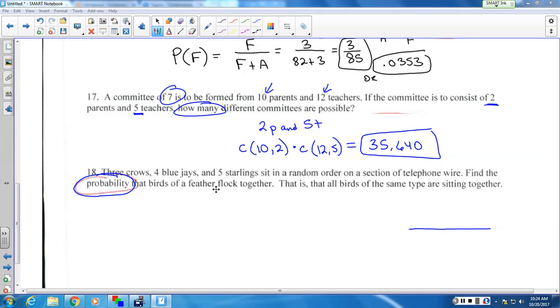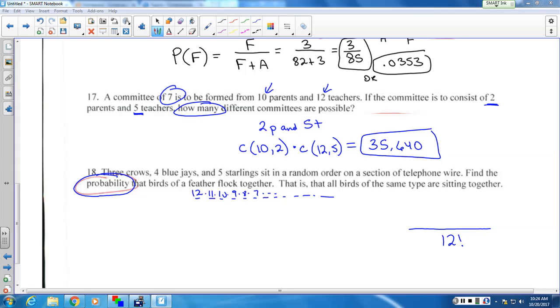How many birds could go on the left? I have 12 different birds could sit on the left. Then 11, then 10, then 9, then 8, then 7, all the way down. So there's 12 factorial ways that 12 birds could sit in a row on a wire with no restrictions.